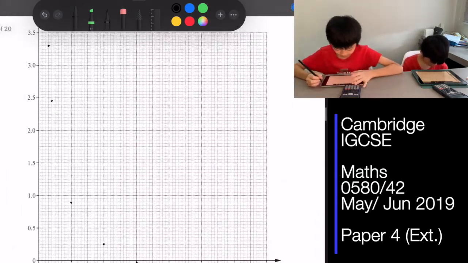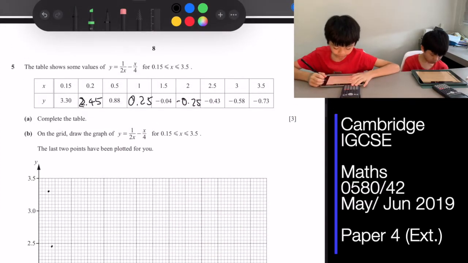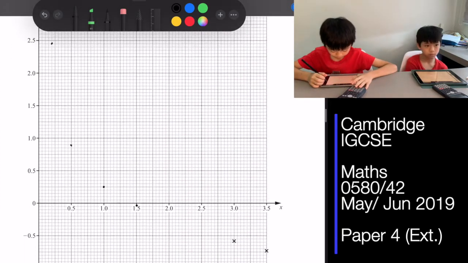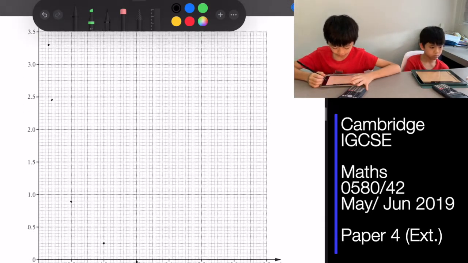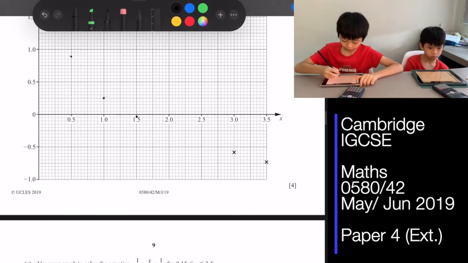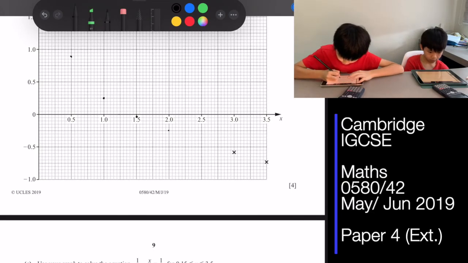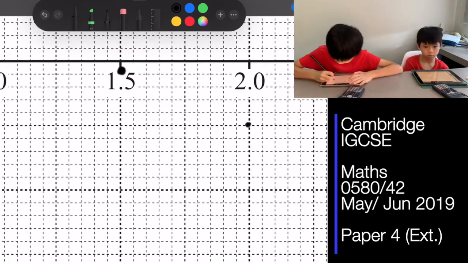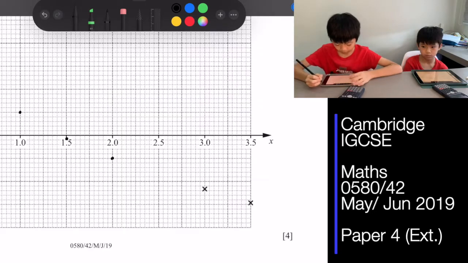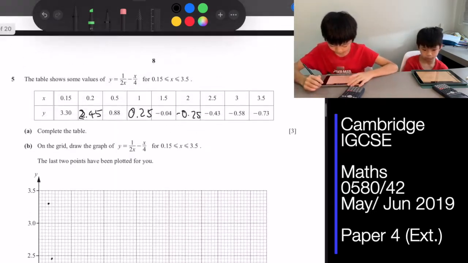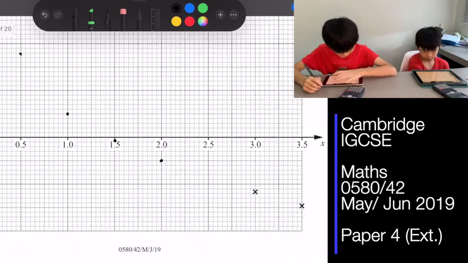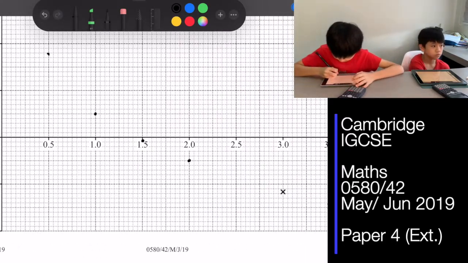And then when x is 2, y is negative 0.25, so right here. And then when x is 2.5, y is negative 0.43, so it's somewhere here.